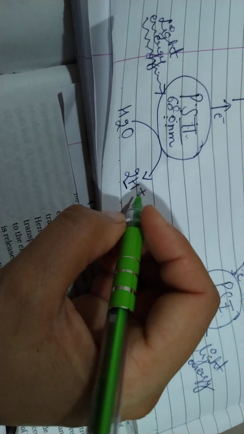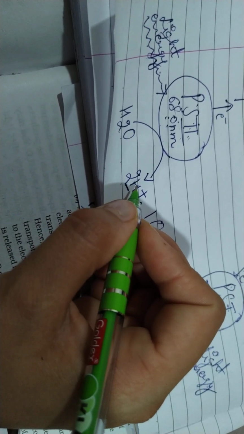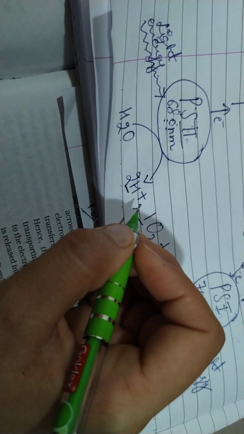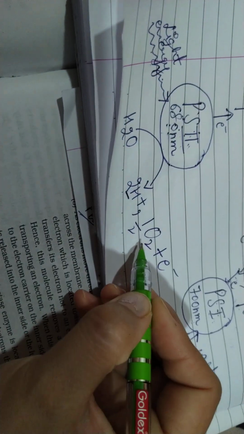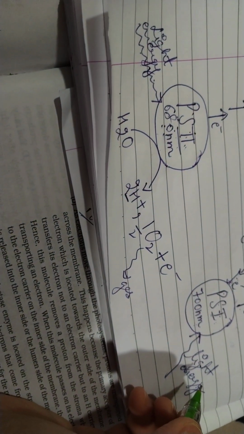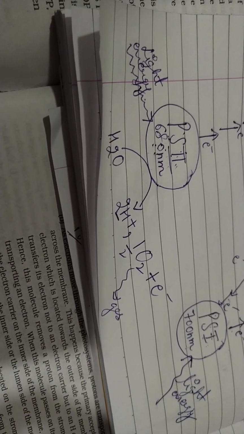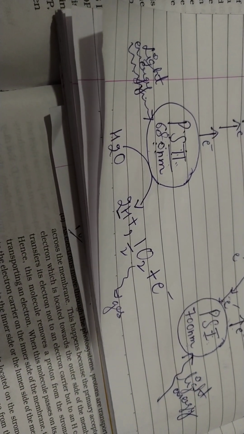This hydrogen will be added to carbon dioxide, and carbon dioxide will be reduced and that will form glucose, while this oxygen is released as a gas during photosynthesis. We have done the equation of photosynthesis, that is carbon dioxide and water give you glucose and oxygen.